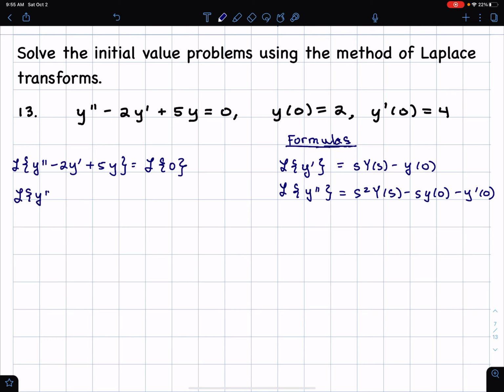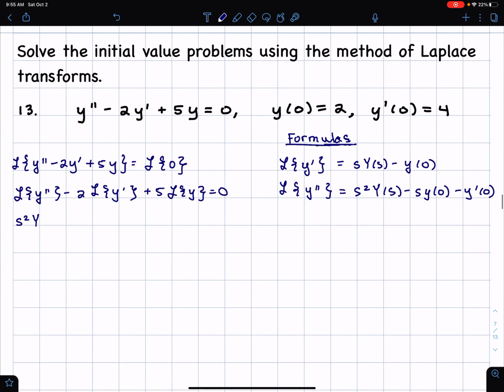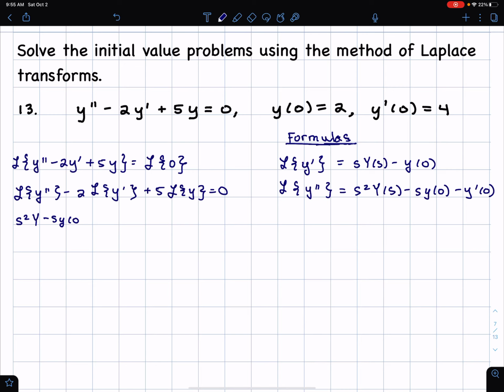So we use linearity to break up this Laplace transform. All right, so I'll use the formula now. So I have s squared Y, I just write Y instead of Y(s), minus s y(0) minus y prime of 0, minus 2 times sY minus y(0), plus 5Y equals 0.